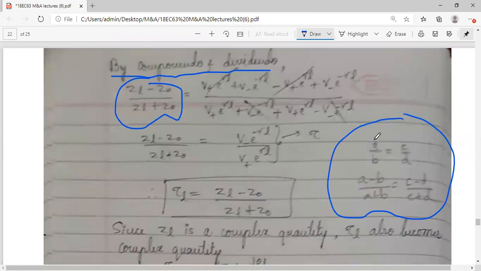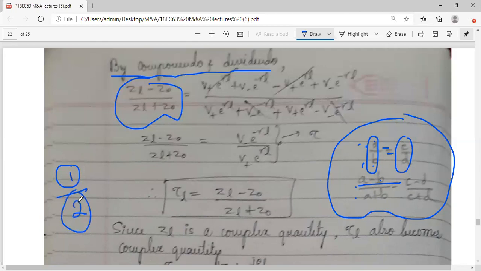If you have a ratio A by B equal to C by D, then A by B is equal to A plus B by A minus B. You can even take numbers, 1 by 2, where you take 1 plus 2 by 1 minus 2.